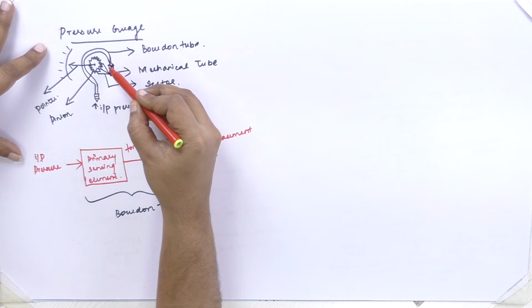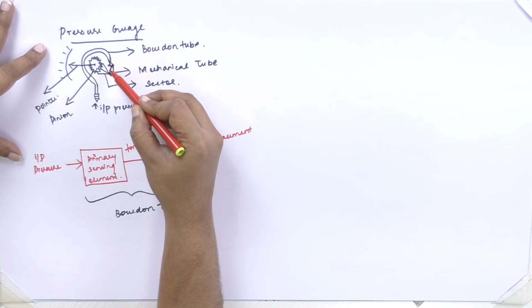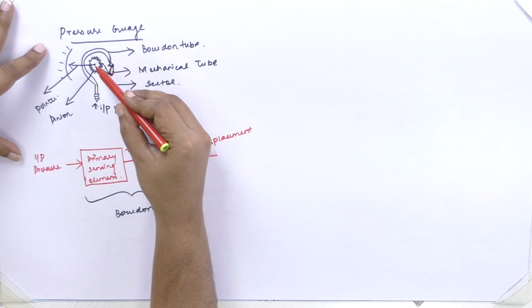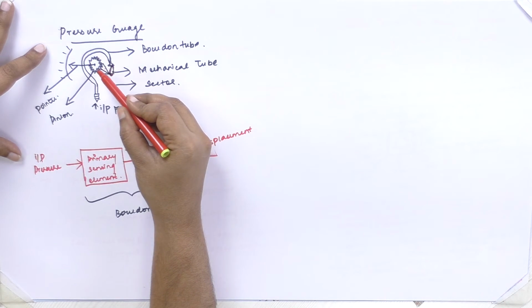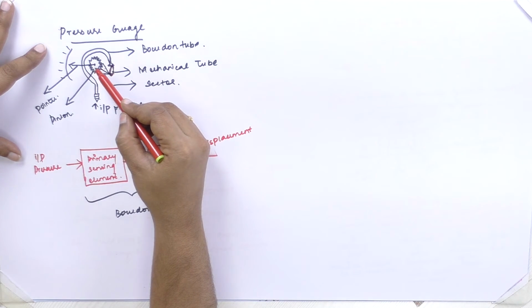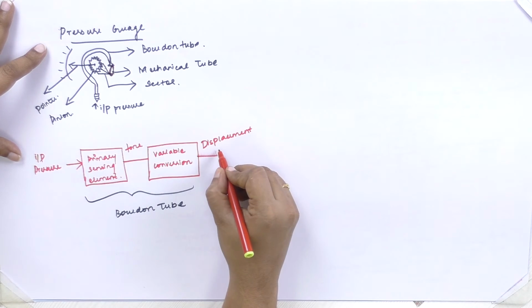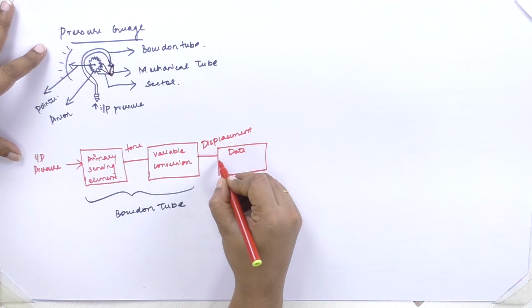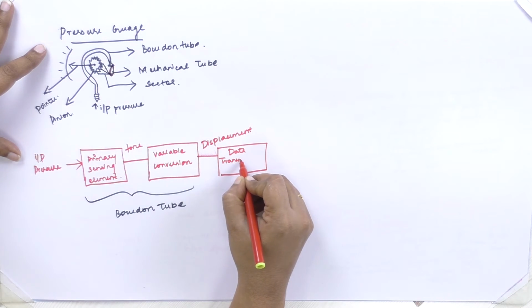So, due to the pressure or force, this mechanical linkage will move, which in turn is connected to a sector along with the gearing mechanism. What happens now? This displacement is transmitted to the variable manipulation element. So, the next element in the pressure gauge will be the data transmission element.